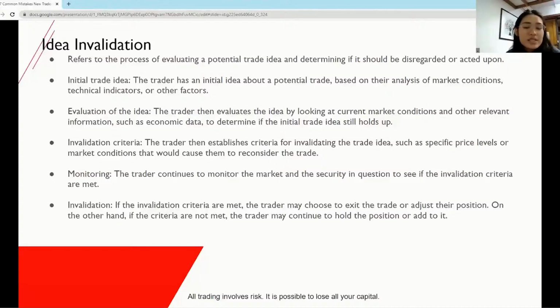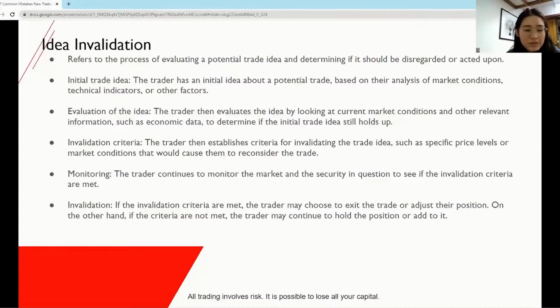The trader then evaluates the idea by looking at current market conditions and other relevant information, such as economic data, to determine if the initial trade idea still holds up. Next, we have invalidation criteria. The trader then establishes criteria for invalidating the trade idea, such as specific price levels or market conditions that would cause them to reconsider the trade.